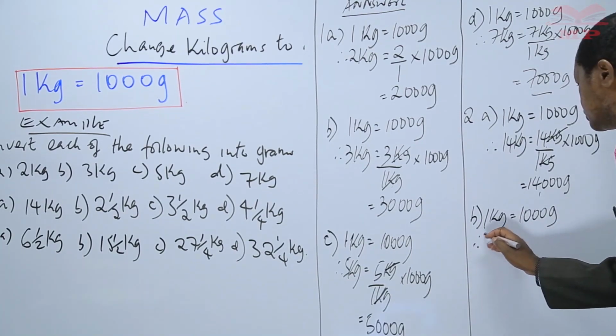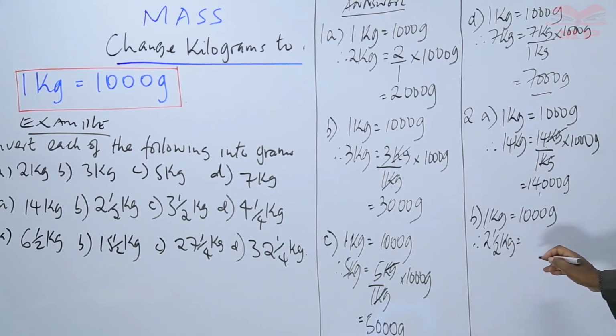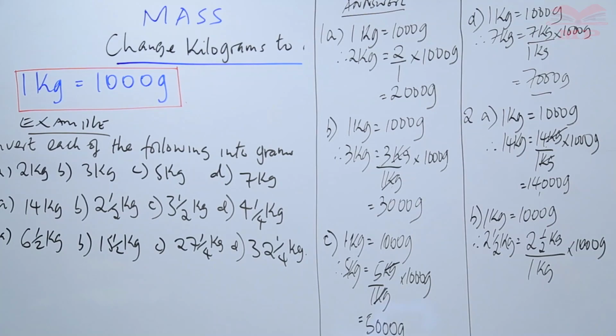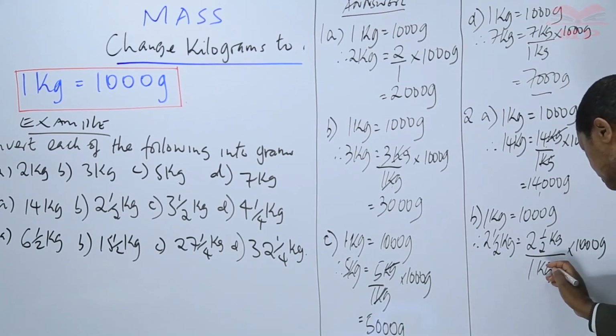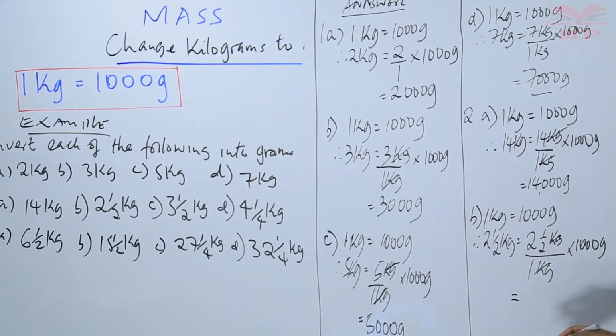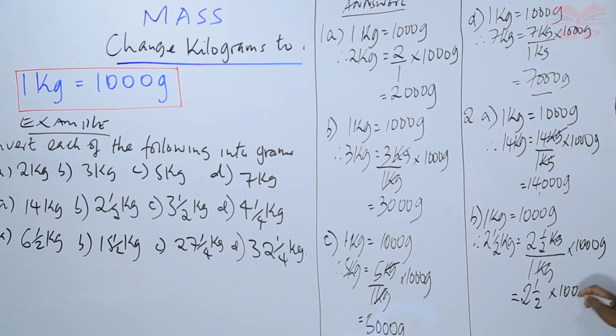Therefore, 2.5 kilograms will be equal to 2.5 kilograms over 1 kilogram times 1,000 grams. So this cancels with this. We need to multiply 2.5 times 1,000.